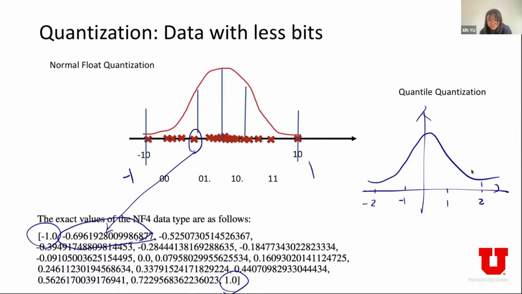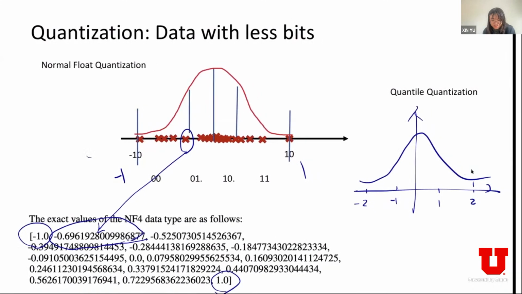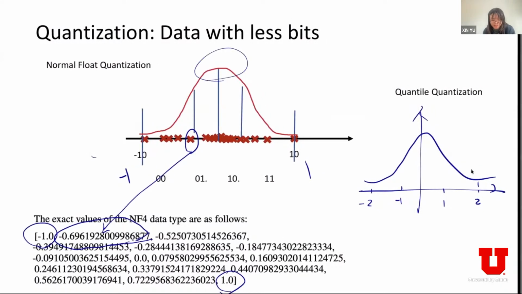Actually, what they do is pretty simple. They didn't consider the real standard deviation of the data. In this example, there is this distribution, and the ranges are fixed from -1 to 1. In each range, the values are fixed.